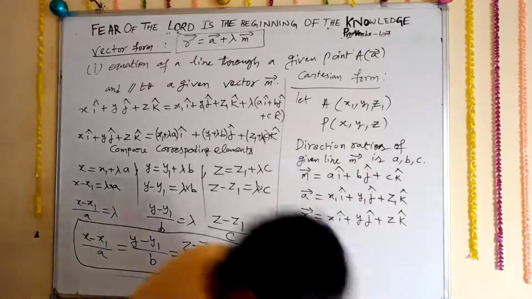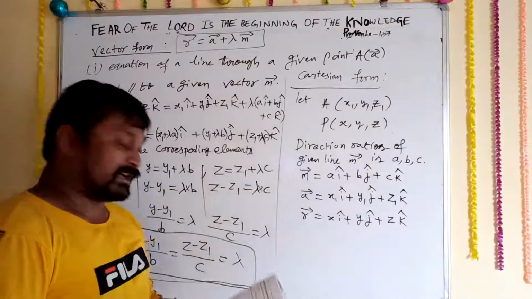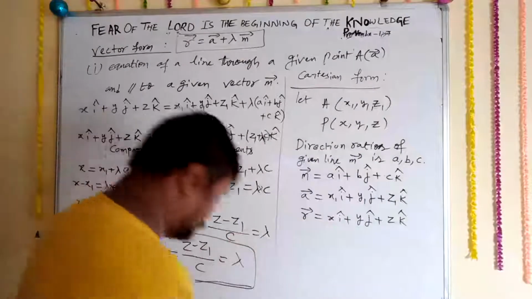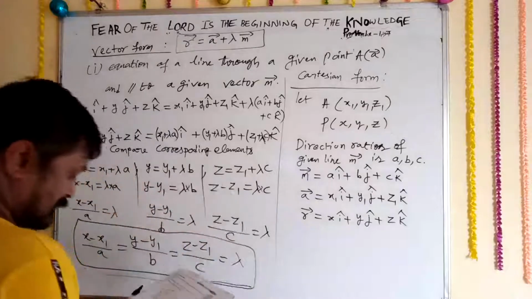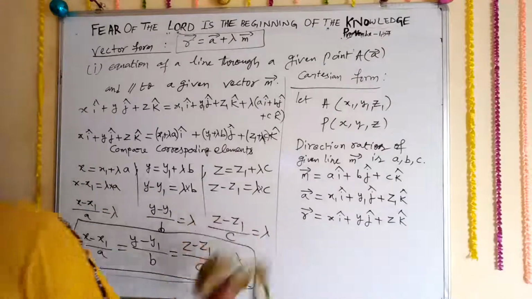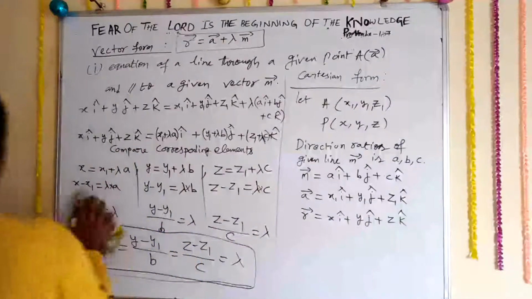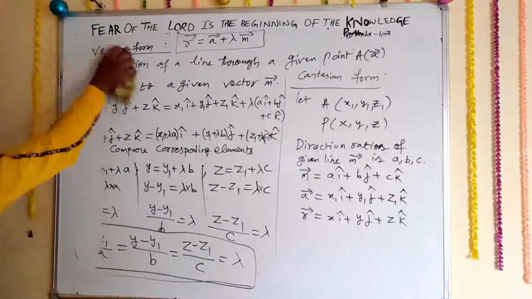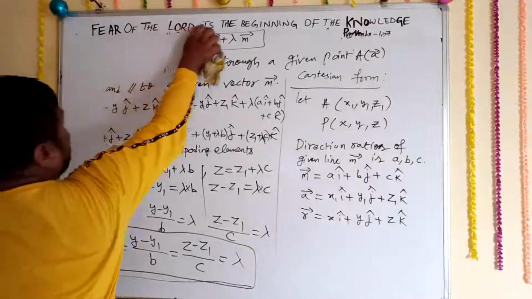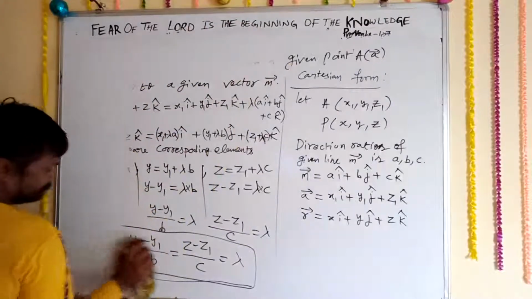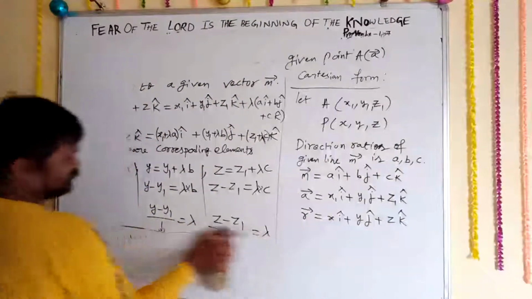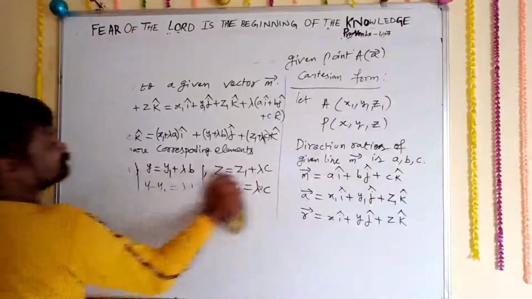That is the second equation, meaning if two points are given, what is your answer? Anyhow, I will explain, otherwise it is not good. So I'll go for vector form again, Cartesian form, when two points are given. So now we are going for the second derivation.